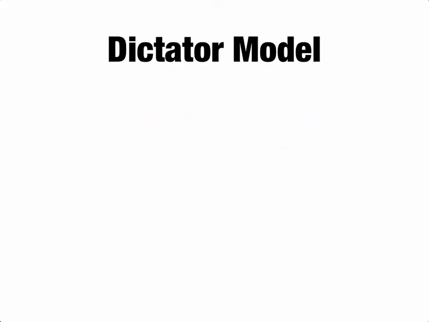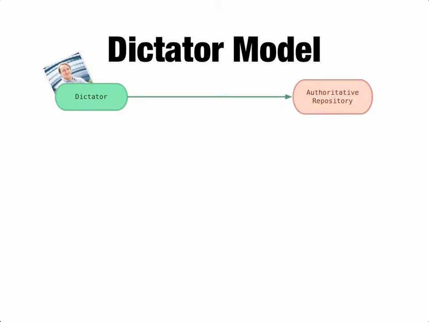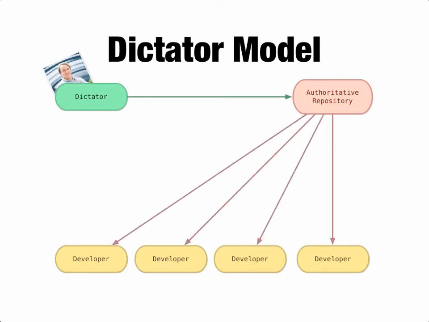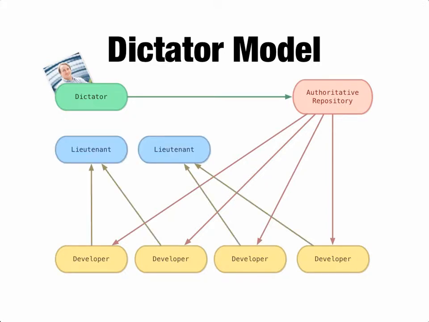What does scale to hundreds is the Dictator model. So this is, of course, the one that Linus Torvalds uses to control Linux. So basically, you have an authoritative repository, and only the Dictator pushes to that. Only the Dictator actually controls that. And then you have a few developers, maybe dozens, maybe thousands in the case of Linux, and they pull from this authoritative repository because they know it is the latest copy and the one that they want.